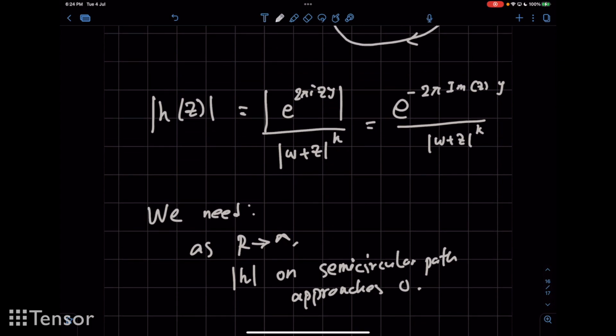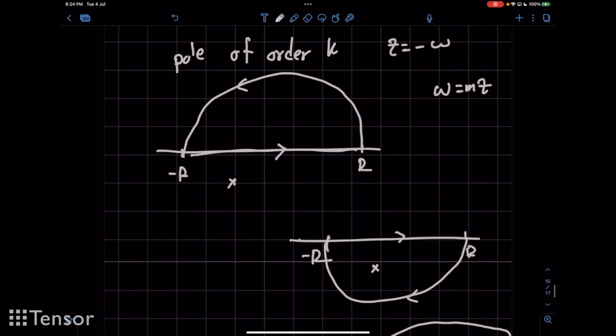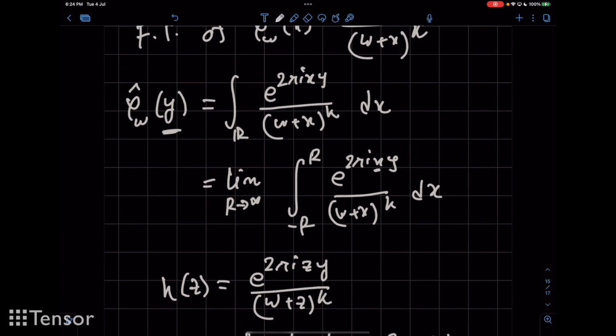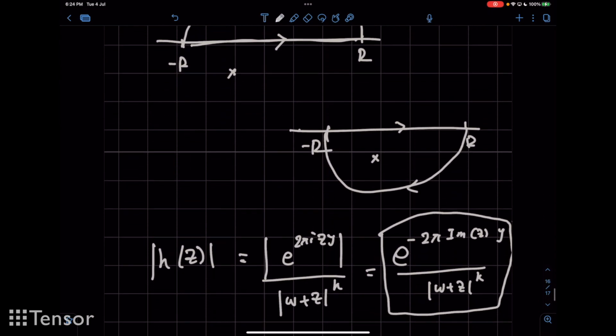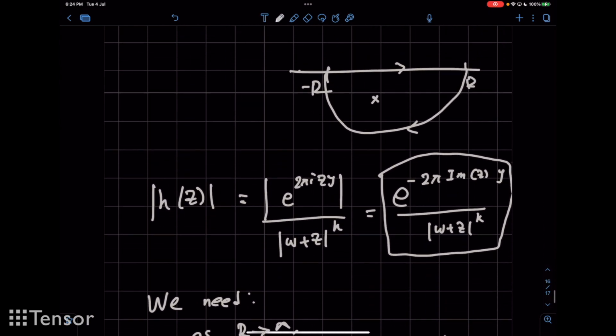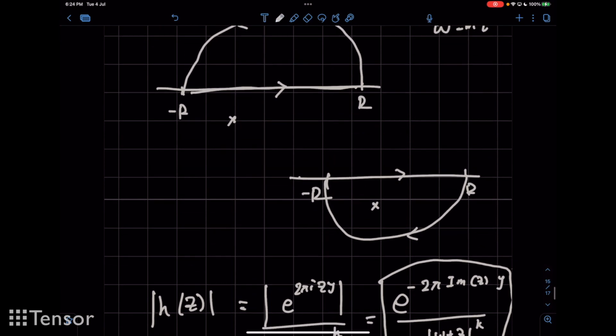Now, remember, we are integrating over z. And what is y? y is our free variable right here. Okay. Now, depending on the value of y, we need to choose one of these two contours.